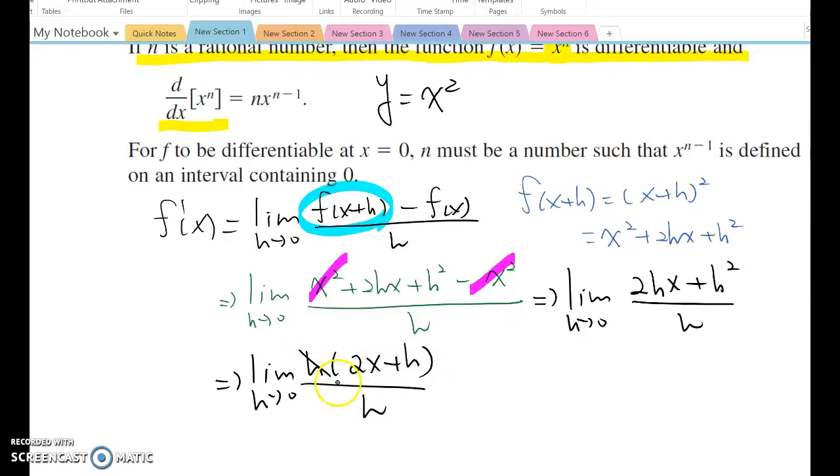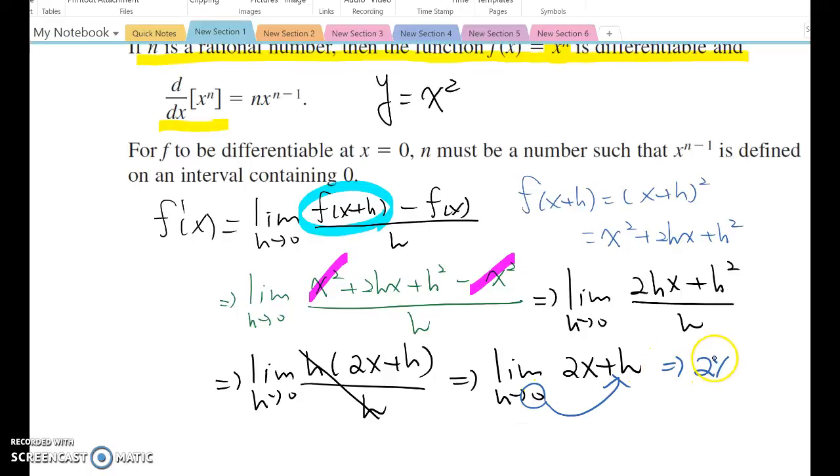So we cancel this, and then it's going to be the limit as h moves to 0 of 2x plus h. Now plug 0 into h here, then it's going to be 2x. So after all, f prime x, or we can say y prime, equals 2x here.